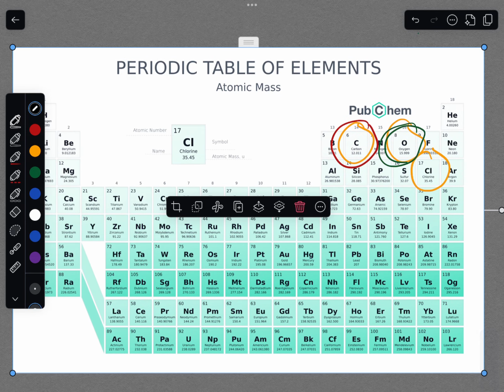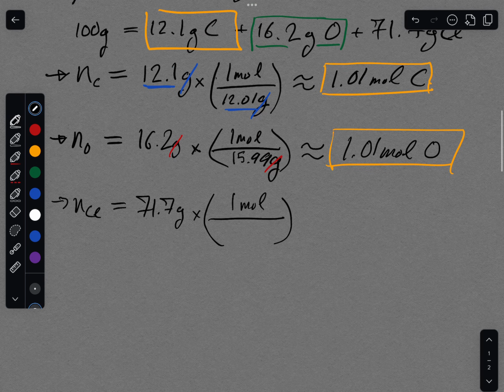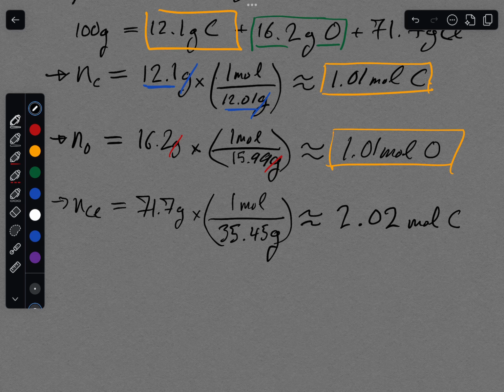It looks like it's 35.45 grams per mole. So 71.7 grams divided by 35.45 grams per mole, and this turns out to be about 2.02 moles of chlorine.